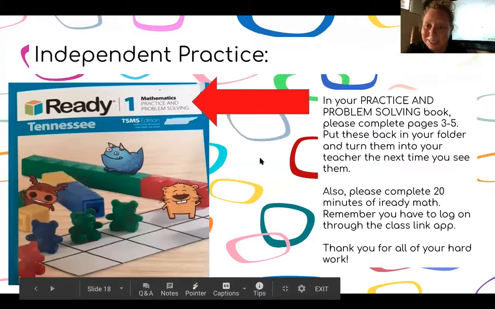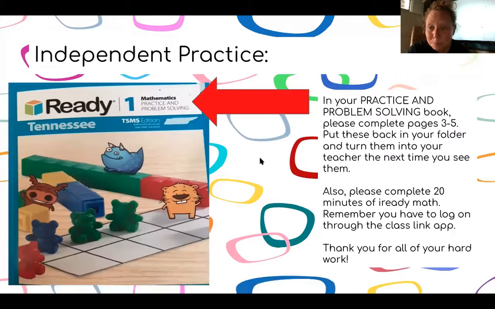So for your independent practice today, these books were sent home with you. There were 2 books. It's very important that you pick up the correct book. The correct book says practice and problem solving. Okay, so in this book, you are going to complete pages 3, 4, and 5.